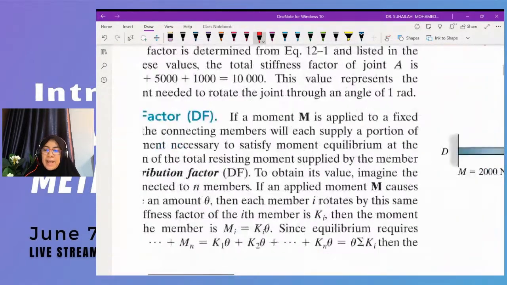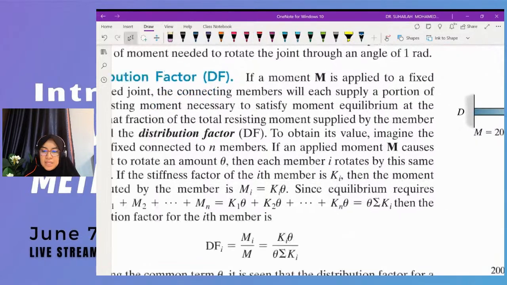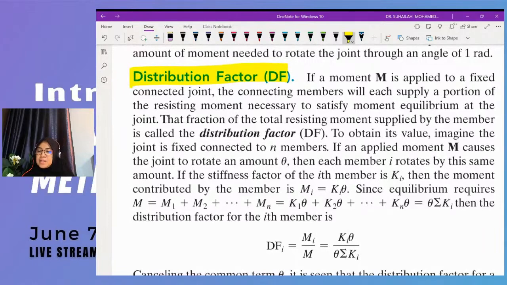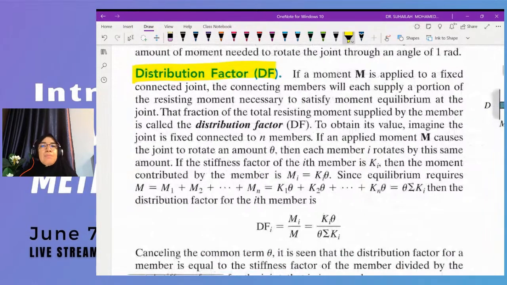Okay. So next we move to distribution factor. What is distribution factor? If a moment M is applied to a fixed connected joint, the connecting members will each supply a portion of the resisting moment necessary to satisfy equilibrium at the joint.